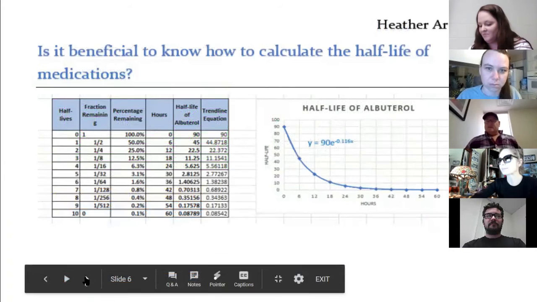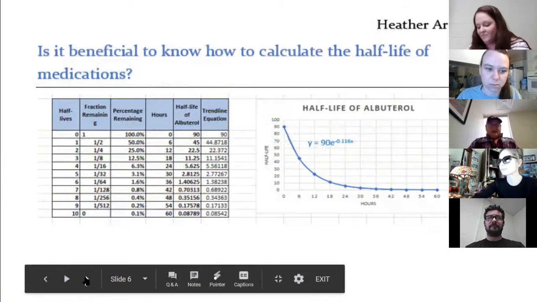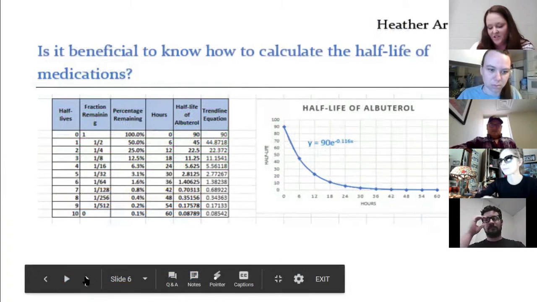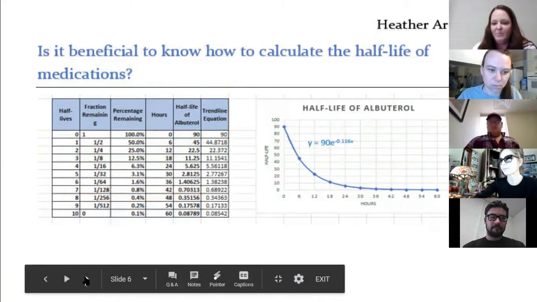For Heather, is it beneficial to know how to calculate the half-life of medications? Yeah, it is, just like what you were saying. Knowing how to calculate it can be very beneficial. It'll tell you how long the medication stays in your body, when it's time to take more medication, or when it's time to just wait. It lets us know when it's safe, especially if you're giving medication, like I give medication to my daughter.